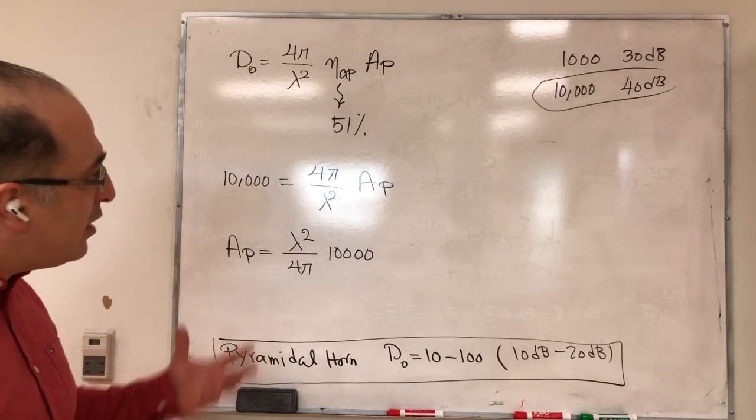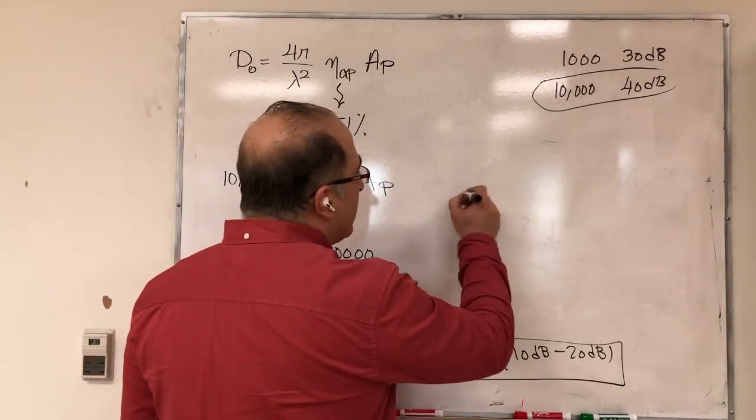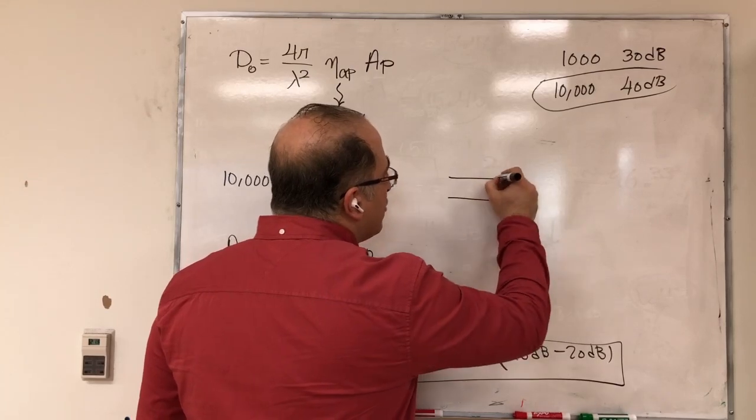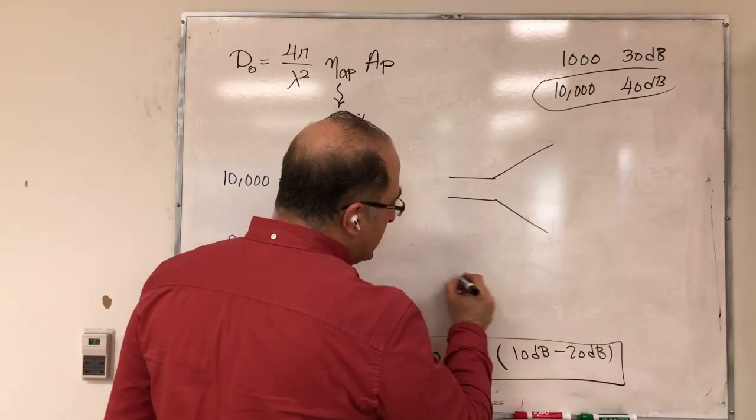So the physical area of a horn antenna, as you remember, we had two cross sections for the horn.